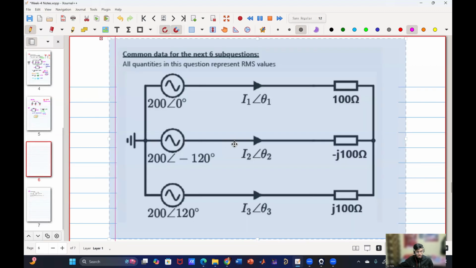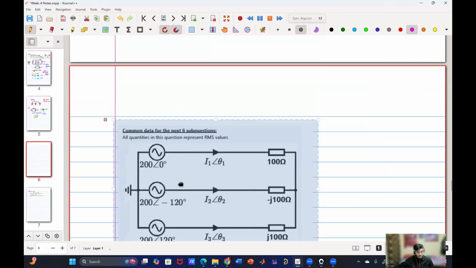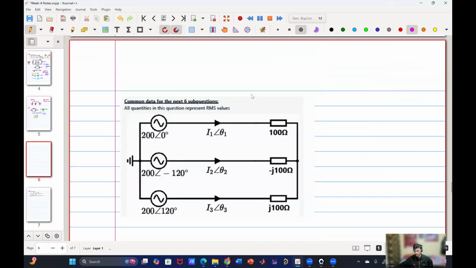So this will be our problem 4 for today. We can solve this easily, then go to that problem if time permits. I'll apply nodal analysis as someone has already mentioned.